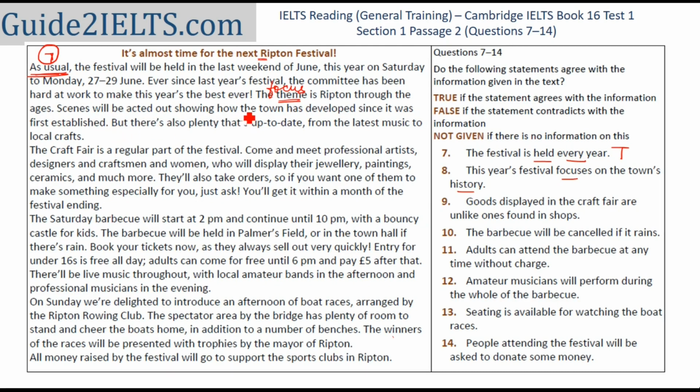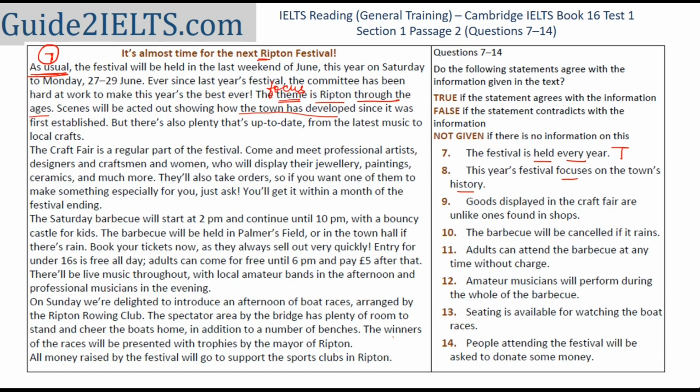Scenes will be acted showing how the town has developed since it was first established. So I know Ripton is the name of the place; I could have assumed that from the fact that it is called Ripton Festival, but also the next sentence says how the town has developed. So the town is Ripton, and through the ages means throughout history, over maybe hundreds of years even.